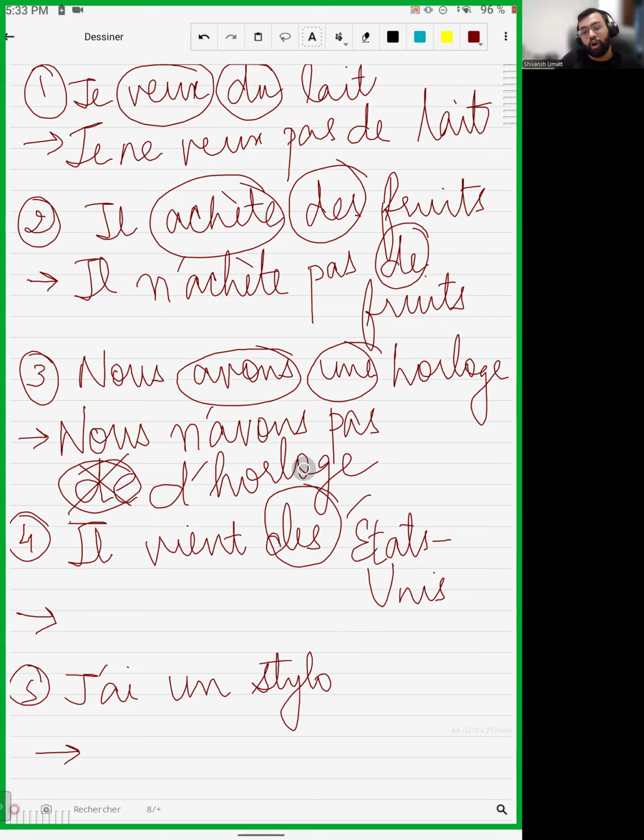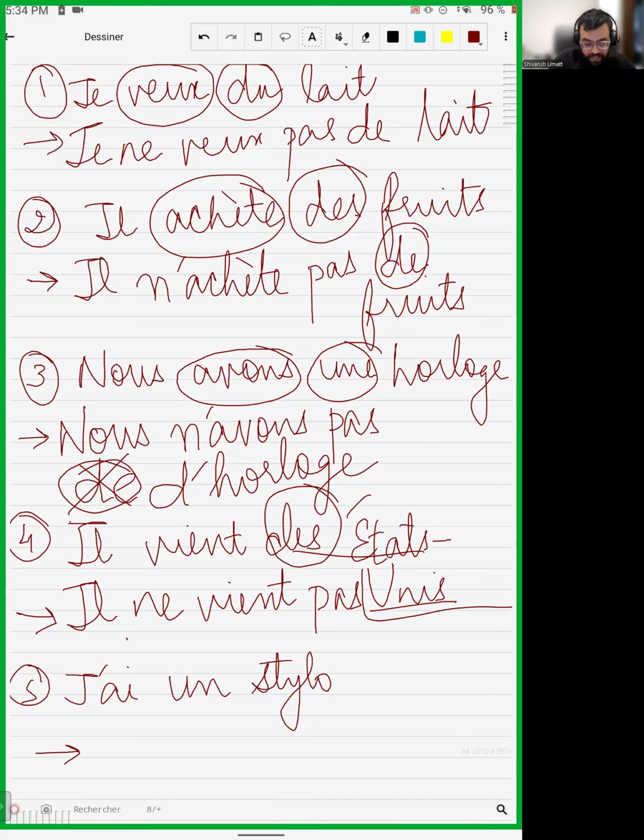So he's coming from the United States. The only thing we are going to do is add ne pas: il ne vient pas, and we are going to keep the rest of the sentence the same. Il ne vient pas des États-Unis, because des is not expressing a quantity here.